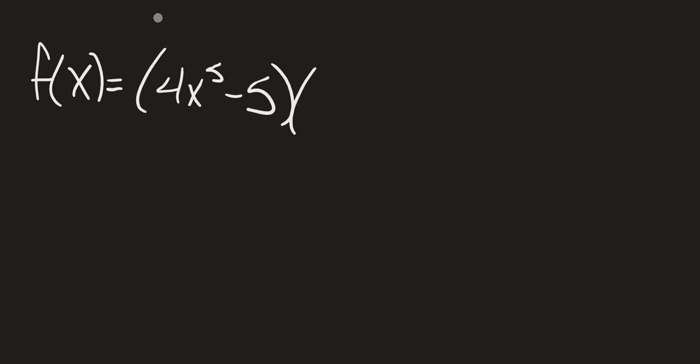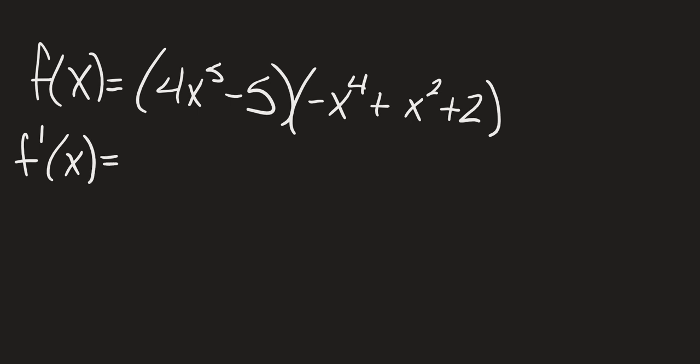Next, we're going to have f of x equals 4x to the fifth minus 5 times negative x to the fourth plus x squared plus 2. When we take the derivative, we're going to take the derivative of the first part first. 4x to the fifth minus 5, when we take the derivative of that, we're going to get 20x to the fourth.